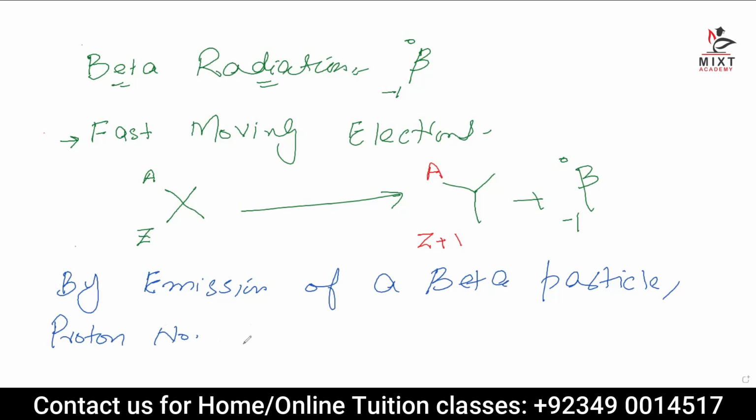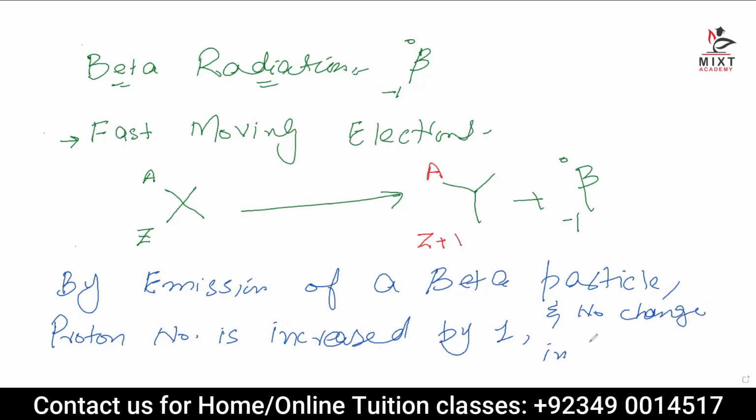By the emission of a beta particle, proton number is increased by 1, and no change in nucleon number.